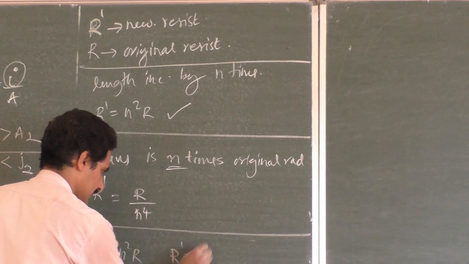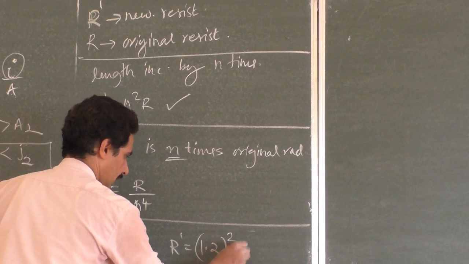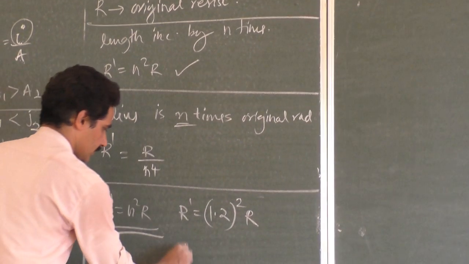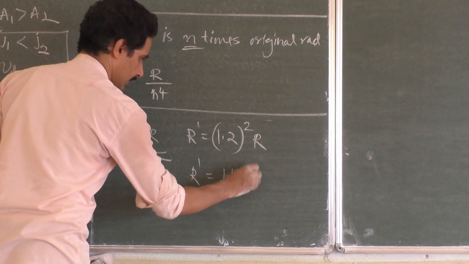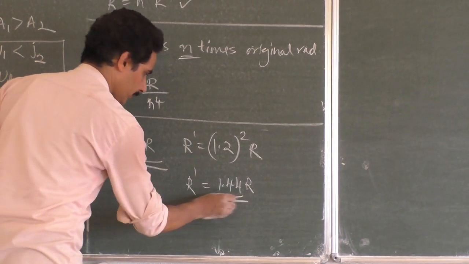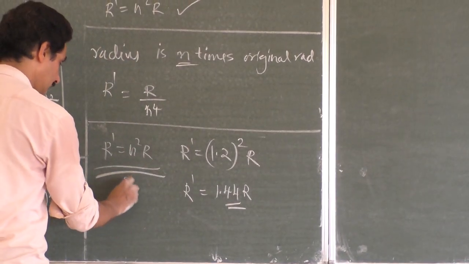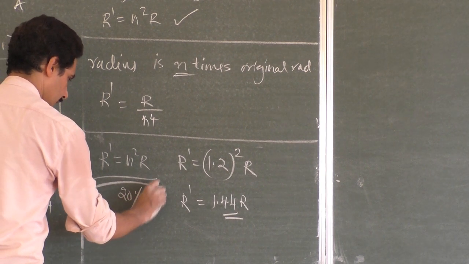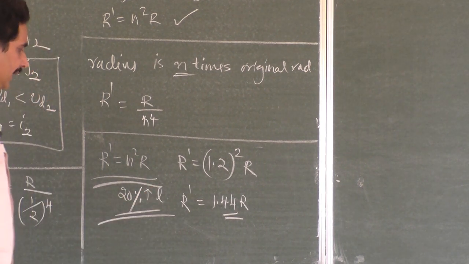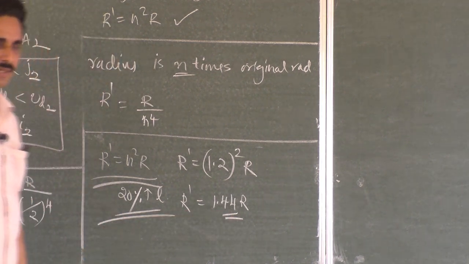So what is the new resistance? 1.2 square R, original resistance. So R dash is equal to 1.44 R, 1.2 square. So 44% extra. That is, a 20% increase in L results in a 44% increase in resistance.